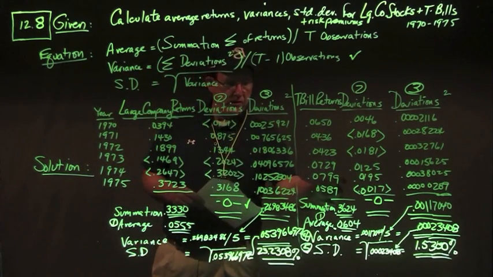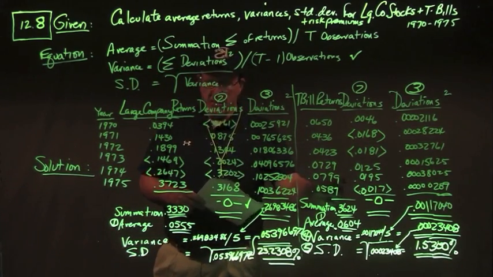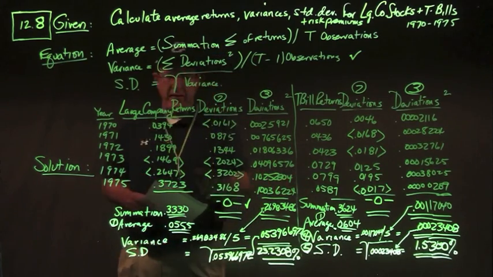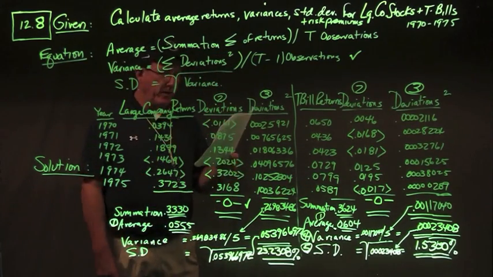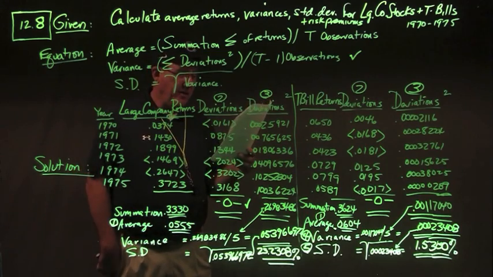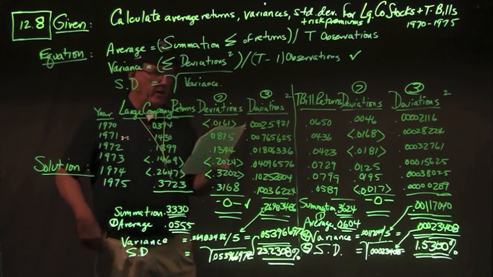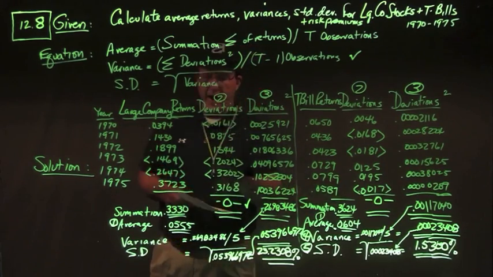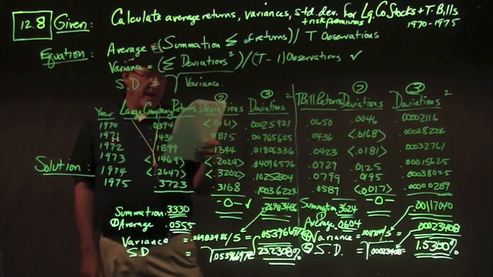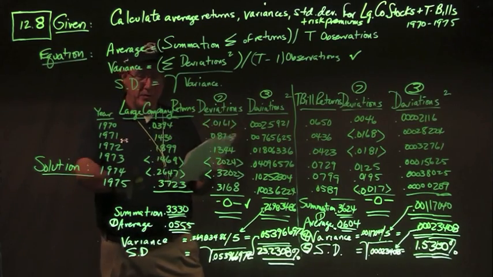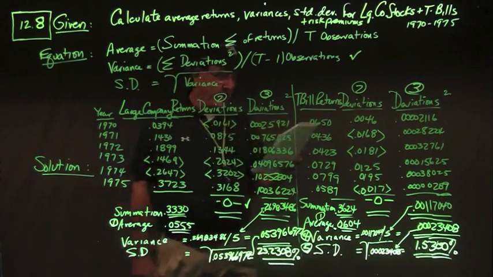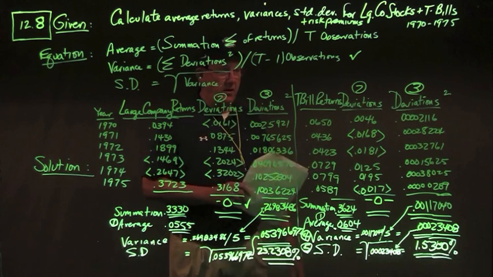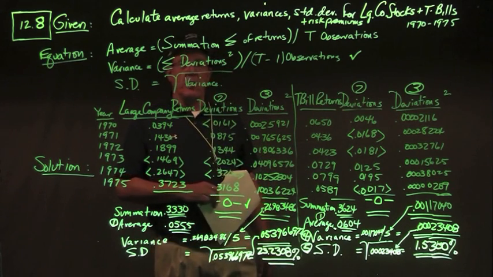A good example is 1974, where I have a negative large company stock return. So where I have a high T-bill rate, high rate of inflation, and a nominal rate is unexpectedly low, I could have a negative risk premium after an investment is undertaken. There are your answers to 12.8.